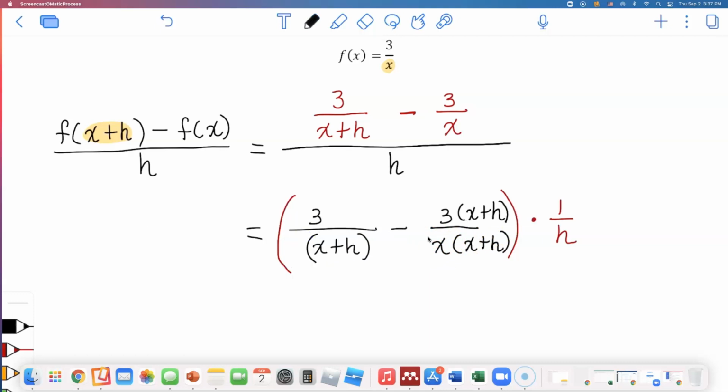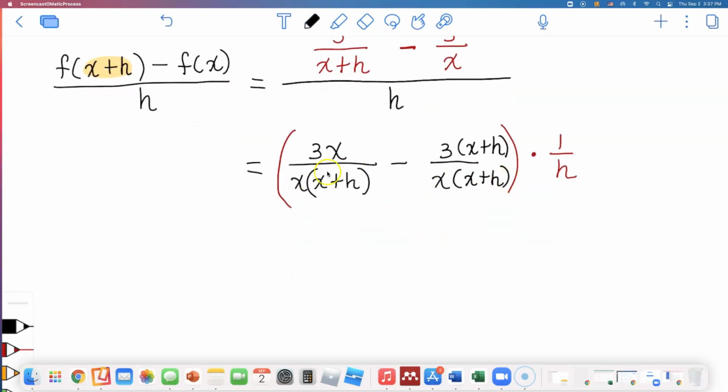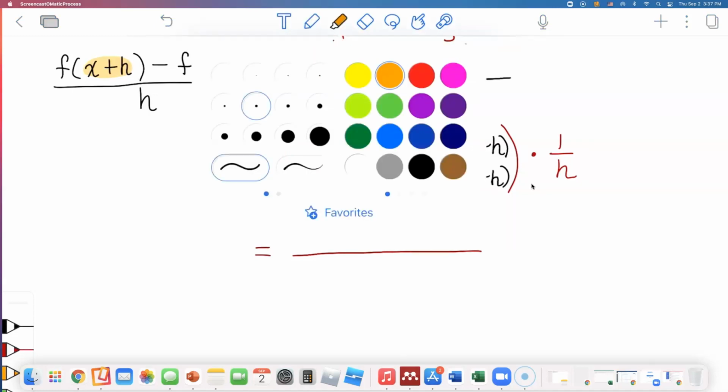On top and bottom, I'm going to put x and x. Magically, they have a common denominator. Now we're ready to subtract them. If I subtract them, I will get a big fraction bar when the denominators are matching.